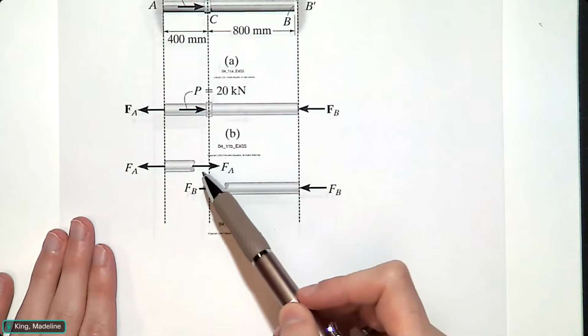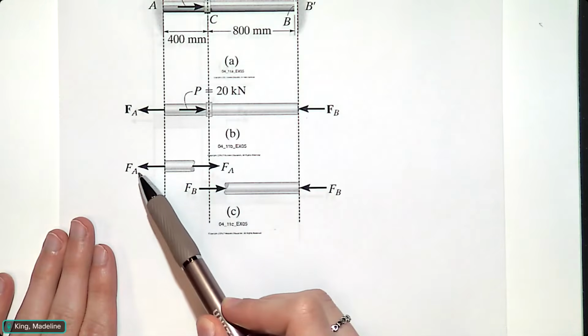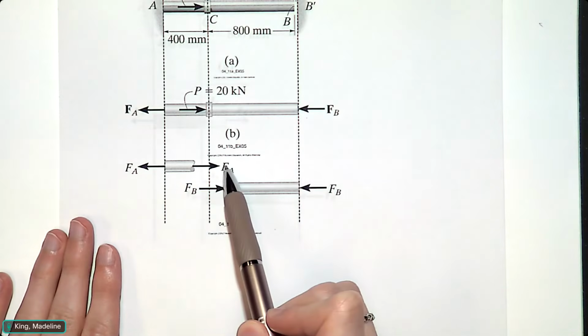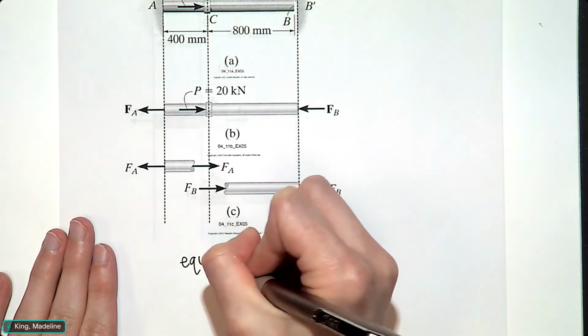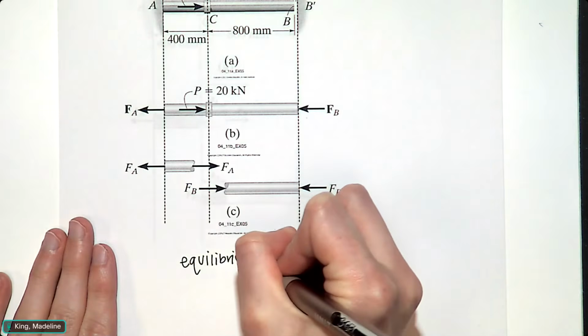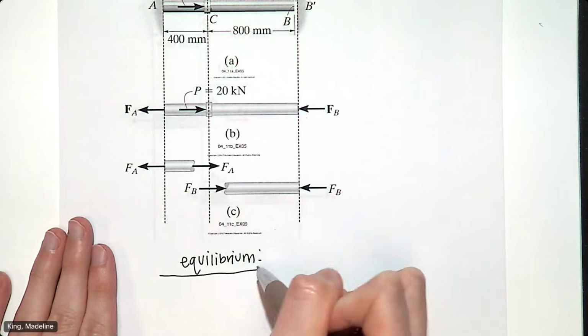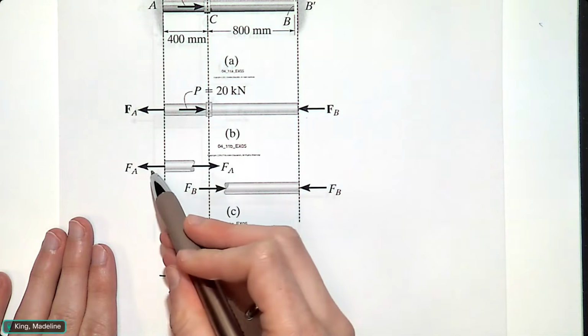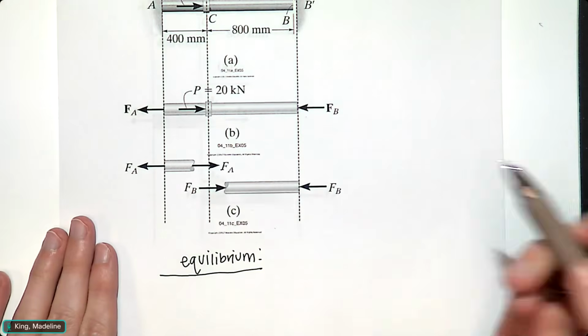And remember, if we were to look inside, we will always have another force pointing in the opposite direction because of, I can never say this word, so I'm just going to write it down. So because of that, we will always have a FA going in the opposite direction for balance. Okay?